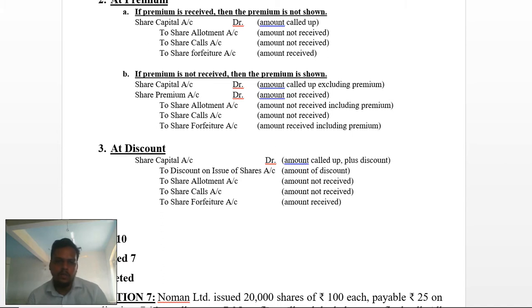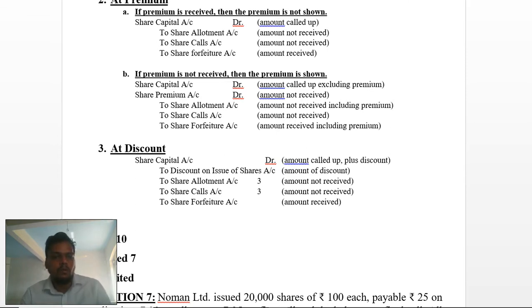Here the amount which has been forfeited has to be mentioned very clearly. Out of the 10 rupee share, you have received 7 rupees and 3 rupees are forfeited. The 3 rupees forfeited amount can be entered here against share allotment, share capital. You can write 3 rupees where the amount was not received.